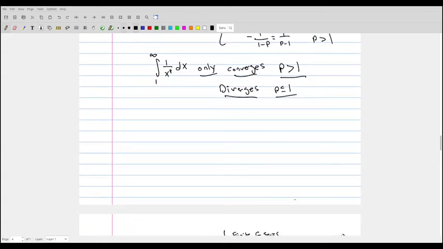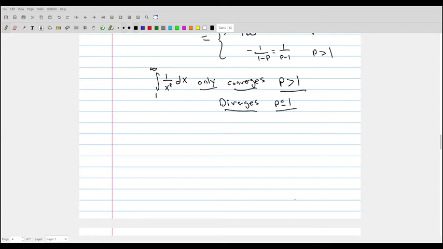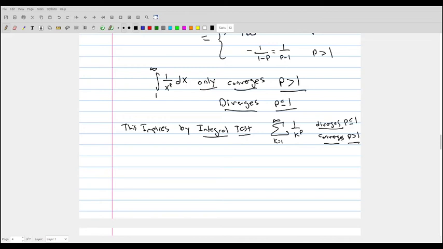And what that implies for us directly, by the integral test, is that the p series diverges when p is less than or equal to 1, and converges when p is strictly greater than 1.